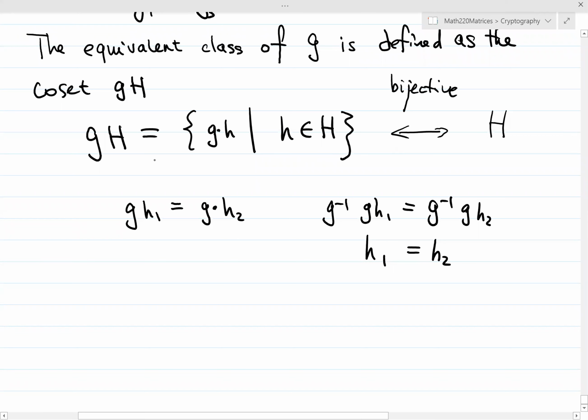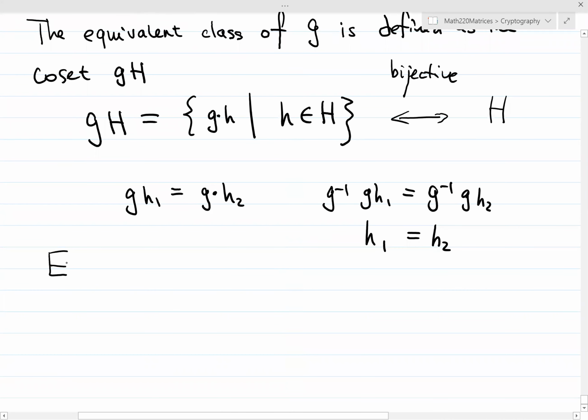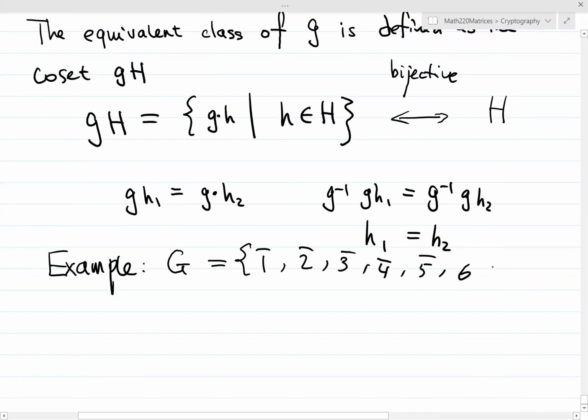Now let me give you one example. For instance, G is the group of 1 bar, 2 bar, 3 bar, 4 bar, 5 bar, 6 bar, modulo 7. So it is the non-zero elements modulo the prime 7.